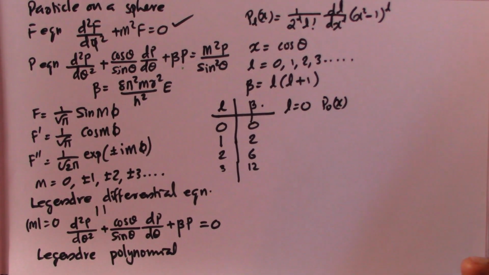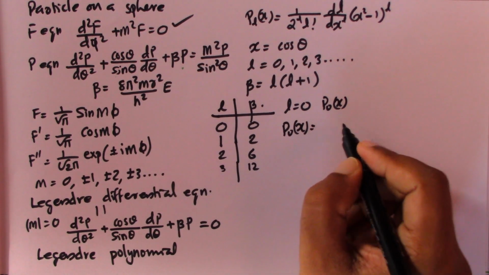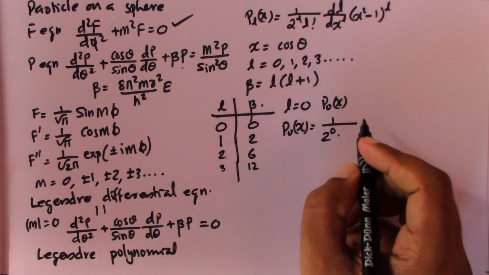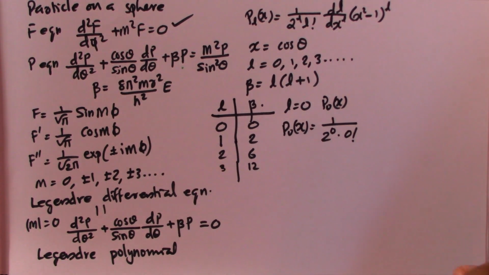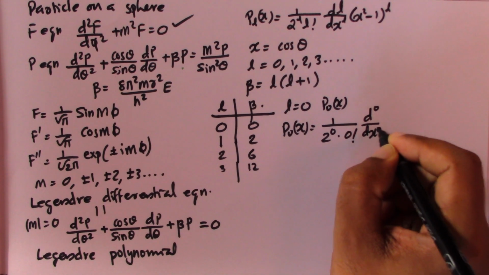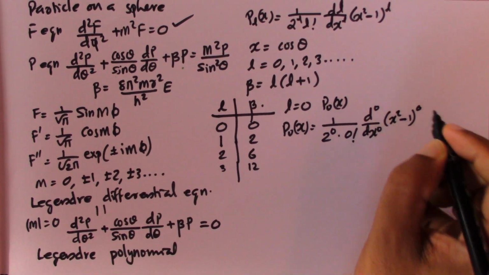P0(x). So P0(x) is defined as 1 divided by 2 raised to 0 into 0 factorial, and d raised to 0 by dx raised to 0 of (x square minus 1), the whole raised to 0.